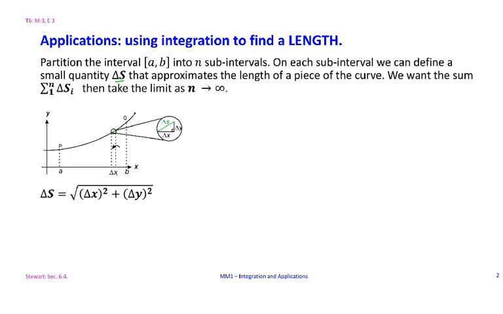So our arc length of PQ is in fact the limit as n goes to infinity of the sum from i equals 1 to n of delta s subscript i.